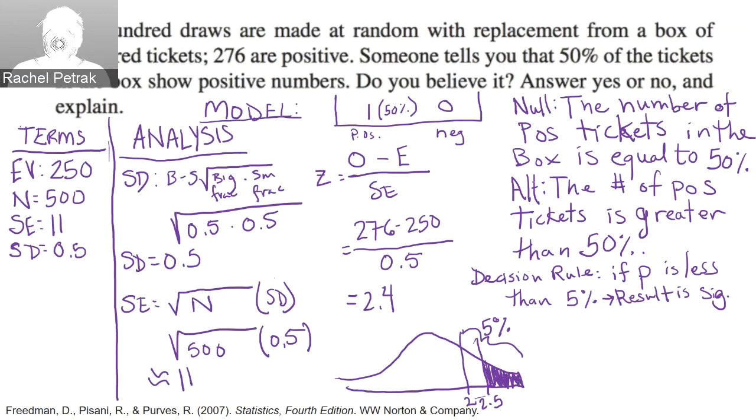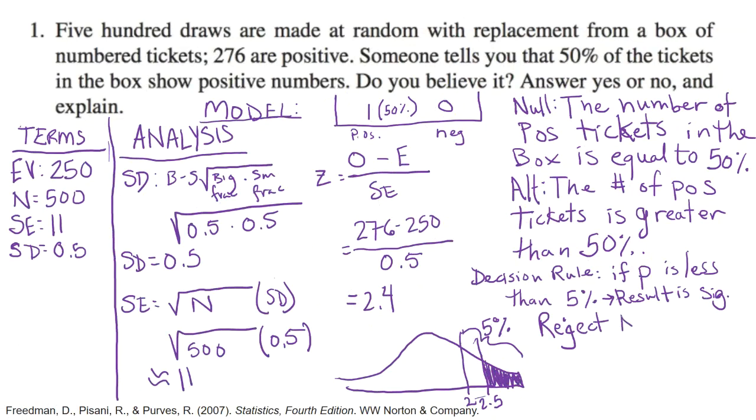Yes, we would reject this null hypothesis because we have such a significant p-value. And so do we believe that 50% of the tickets in the box show positive numbers? No.